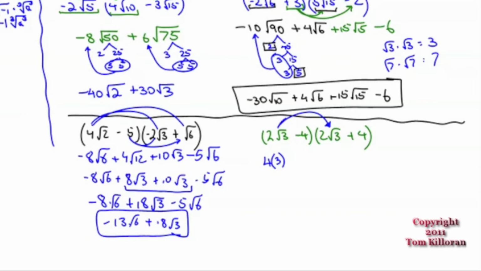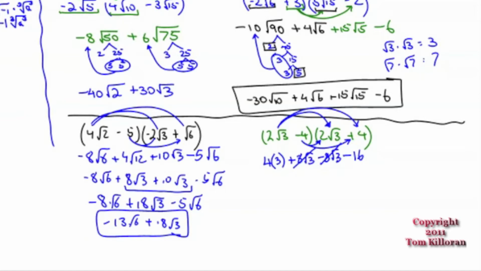All right, 2 square roots of 3 times positive 4. It's positive 8 square roots of 3. Then inside, we get negative 4 times 2 is negative 8 square root of 3. And then negative 4 times positive 4 is negative 16. The nice thing here is these two cancel out. One's positive, the other one is negative.